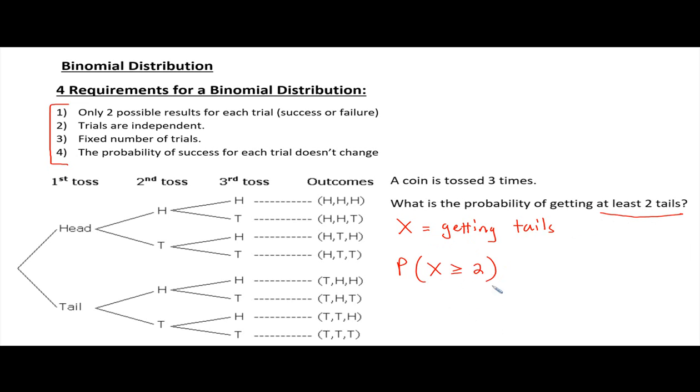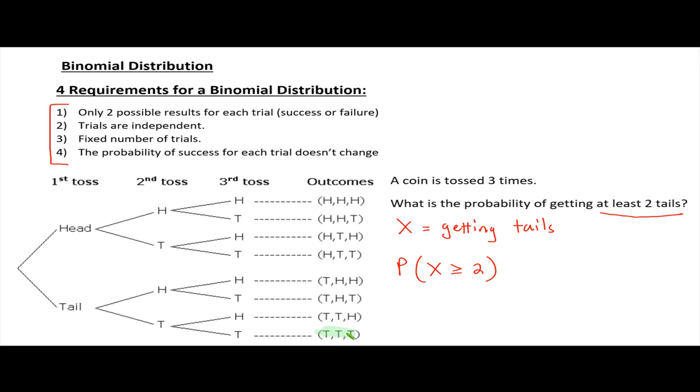Okay, now without using binomial distribution, you can just answer this question by making a tree diagram, like we see to the left here. So if we want to find out when x will be greater than or equal to 2, so when will we have at least 2 tails? That means 2 tails, or more, or it could be all 3 tails, right? So when do we have 2 tails?